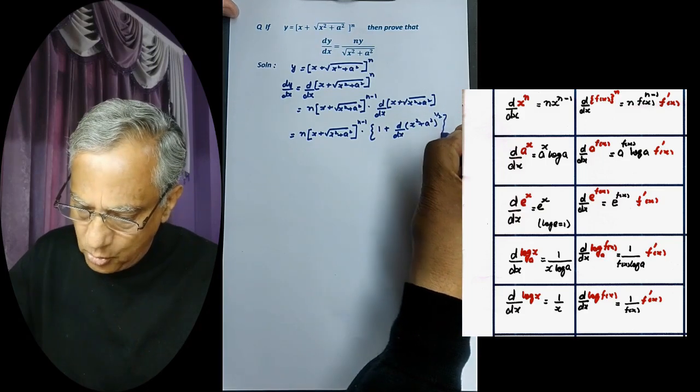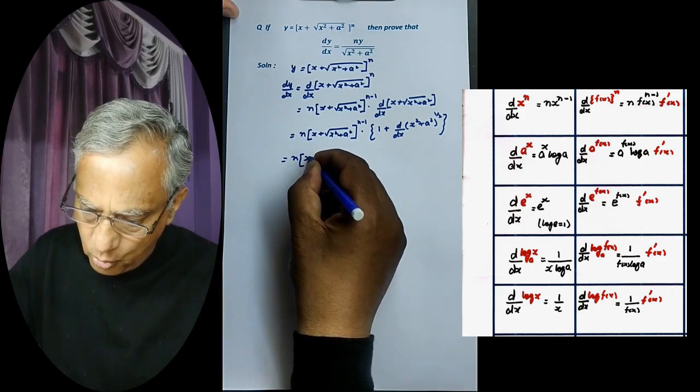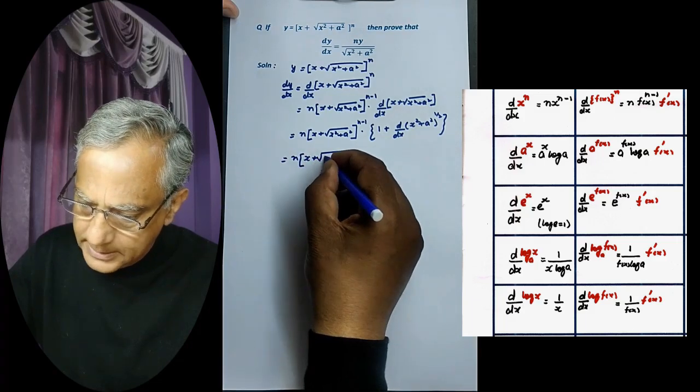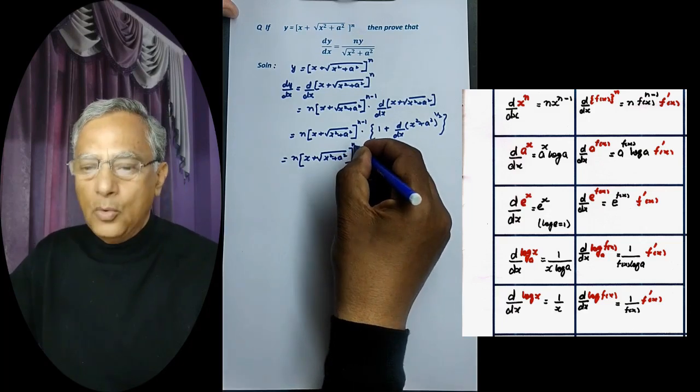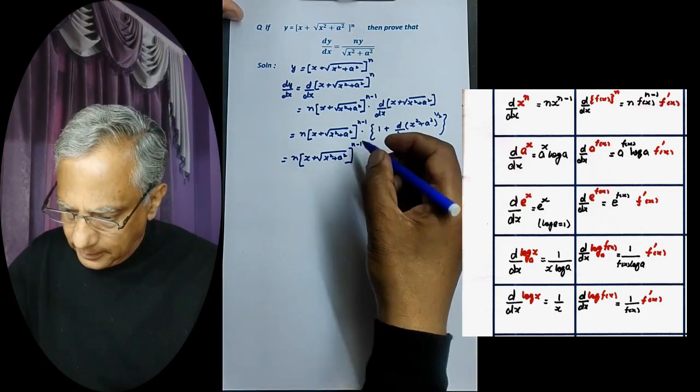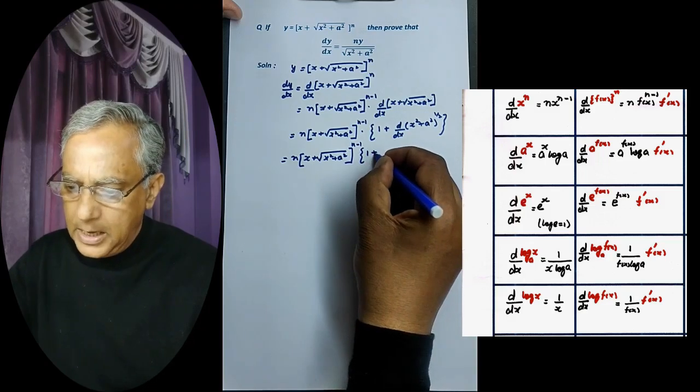So this is equal to n (x + √(x² + a²))^(n−1), and this into 1 plus, now this will be half.